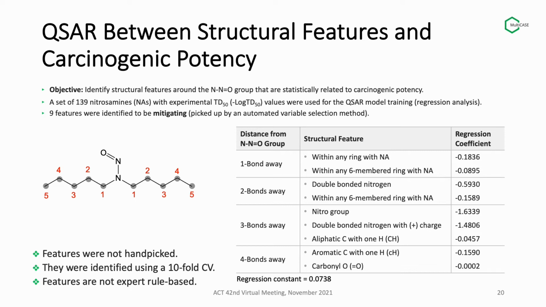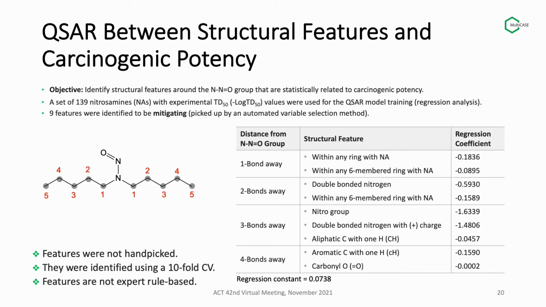So the training set has 139 nitrosamines with their experimental rodent carcinogenicity values, and the descriptors that I calculated are nothing but different atom types present around the nitrosamine group at certain bond distances away. So those are the ingredients of the QSAR.